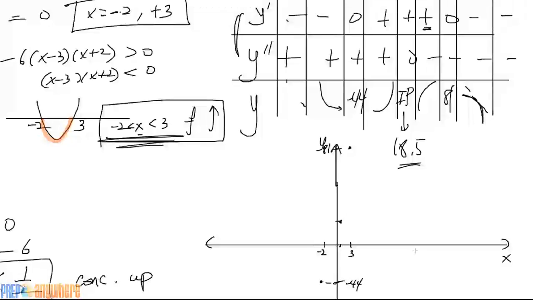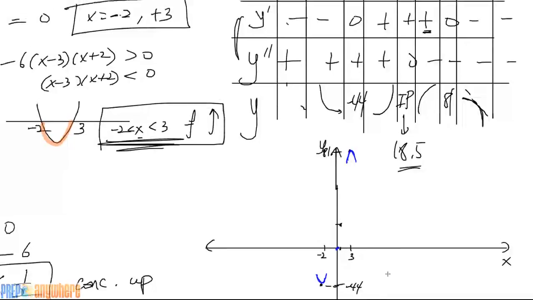Okay. Alright, look. -44 is a minimum. This is the maximum. And this is an inflection point. Okay, and we also know it passed through the origin. Right, from earlier.